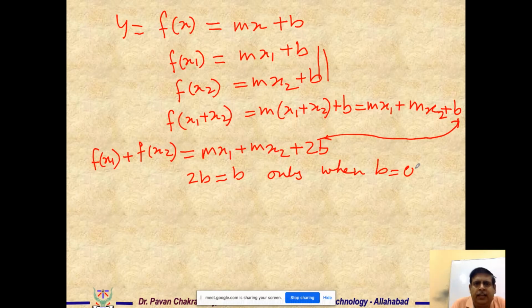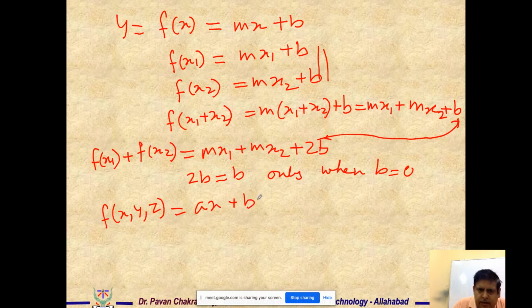right? So now if I take this function to be a variable of three quantities, and if I write this function as a function of x comma y comma z, assuming the three coordinates, which I could write as a x plus b y plus c z plus some tau or t.